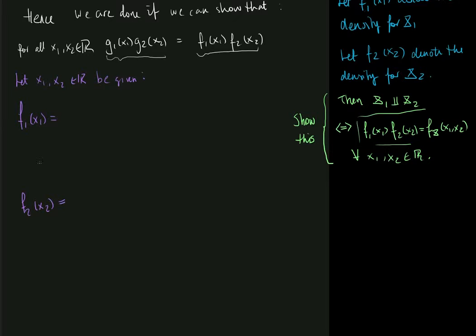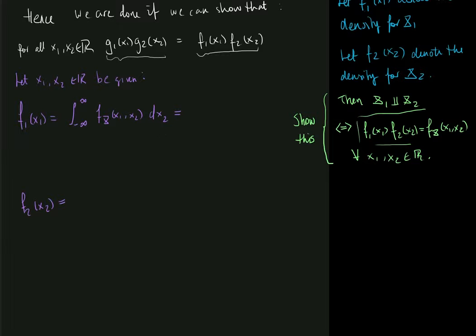Then the marginal density of x1 is given as the integral over the real axis, from minus infinity to infinity, of the simultaneous density integrated with respect to the variable we want to get rid of, so integrated with respect to x2.